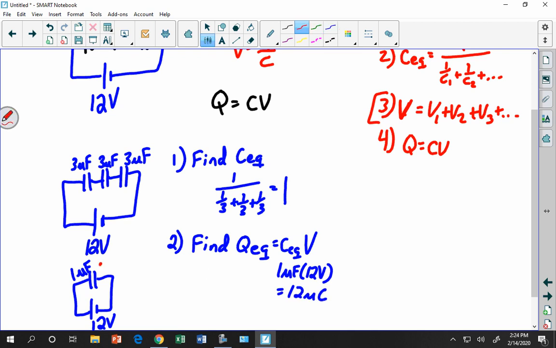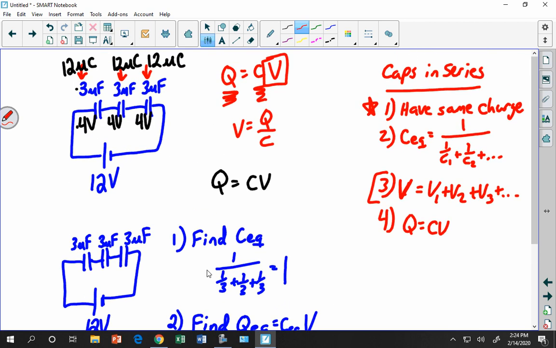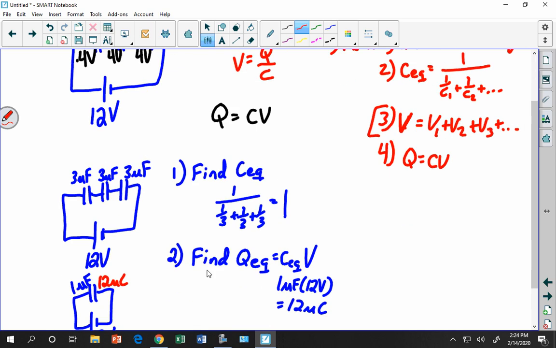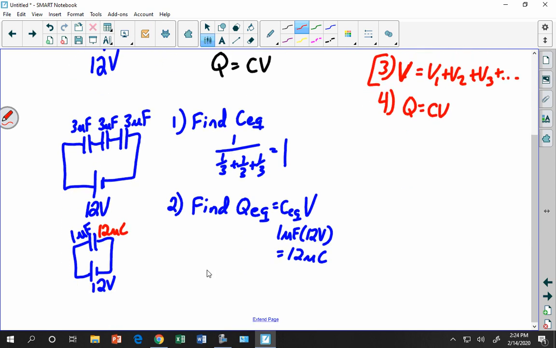So this has a charge of 12 microcoulombs, but I know for capacitors in series, they have the same charge, and they have the same charge as the equivalent capacitor. So if I have 12 microcoulombs on the 1 microfarad, what do I have on this one? I have 12, 12, and 12.